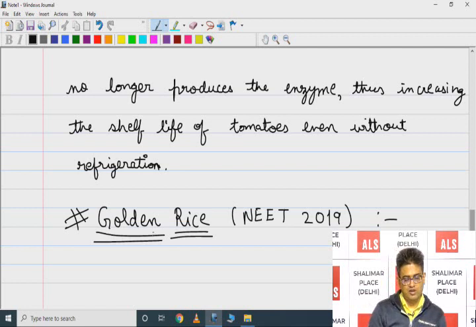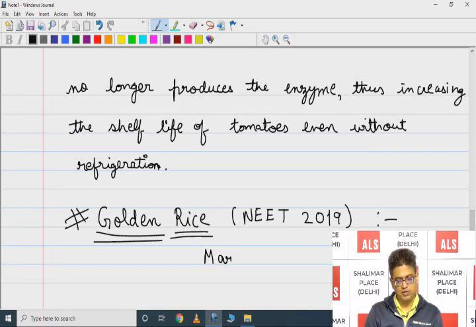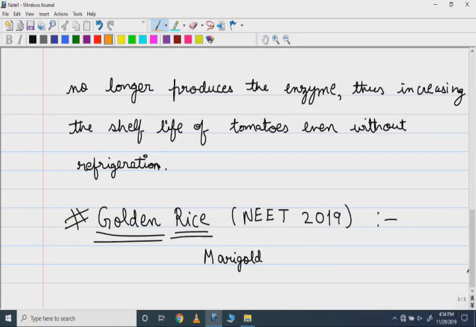Do you know marigold flowers? What color is a marigold flower?